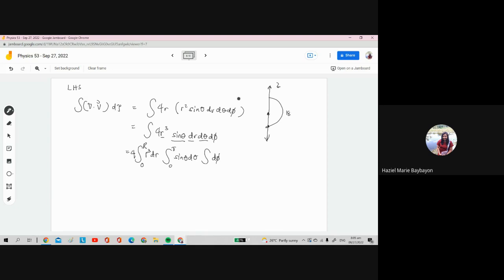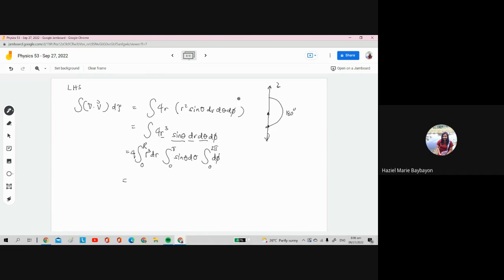So this is 180 degrees, or pi. And your phi goes from the positive x-axis around back to the positive x-axis, so that is from 0 to 360 degrees, or 2 pi.